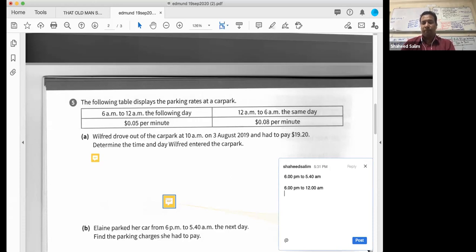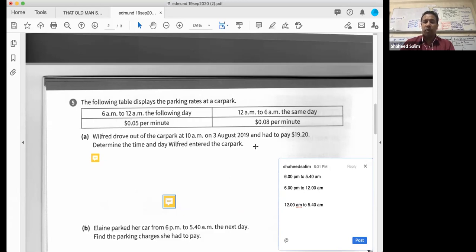This is one rate. And then after that, continue from 12 midnight to 5:40 a.m. This is another rate. Do you understand there are two different rates? From 6 p.m. to 12 midnight is 5 cents per minute.